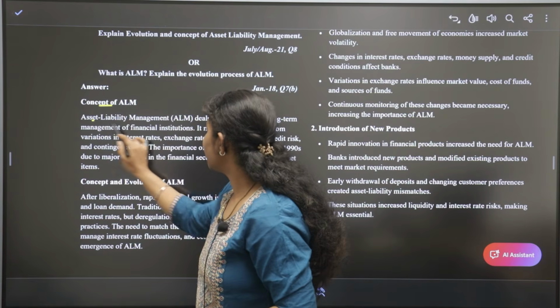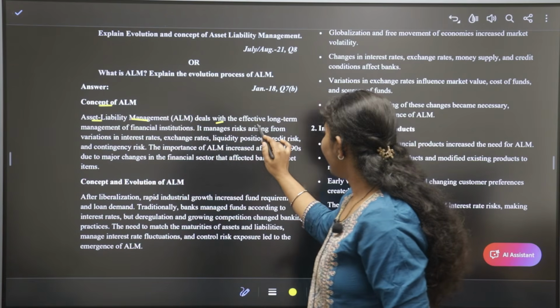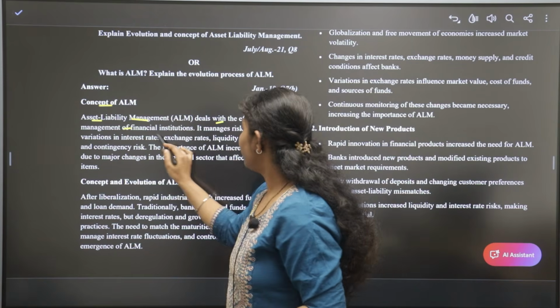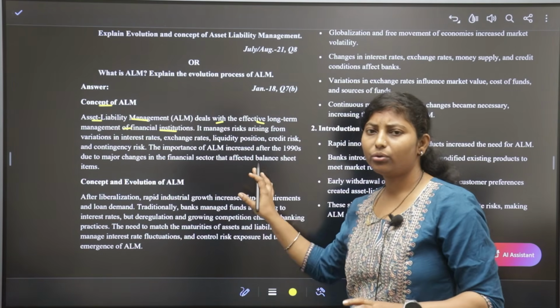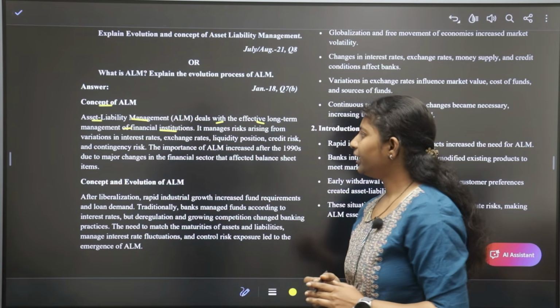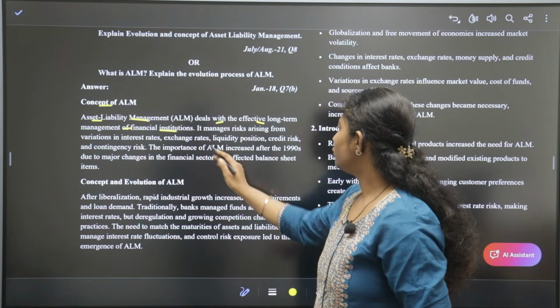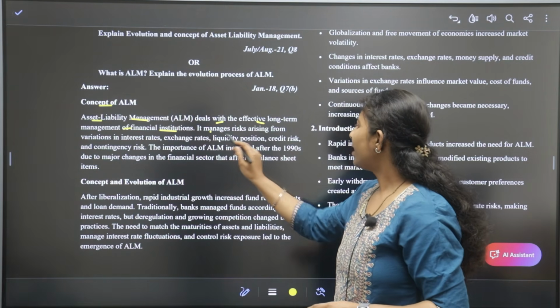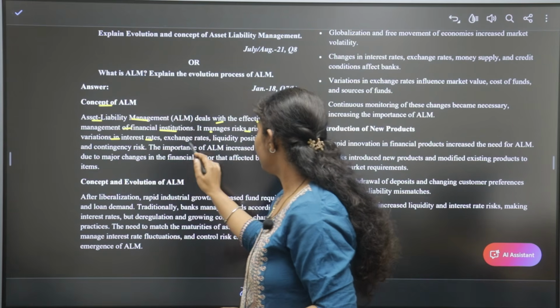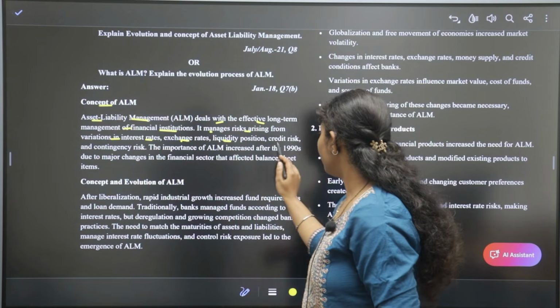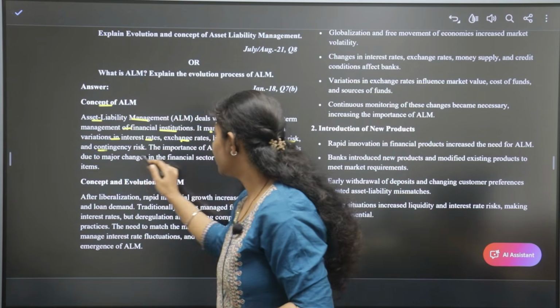ALM, asset and liability management, deals with the effective long-term management of financial institutions like banks. It manages risk arising from variation in interest rate, exchange rate, liquidity position, credit risk and contingency risk.